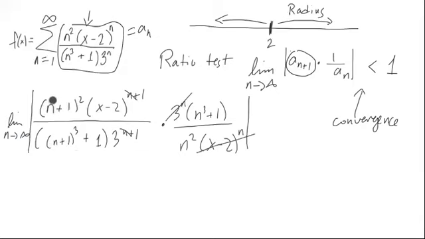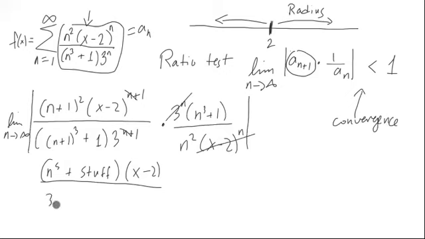The leading term is going to end up being n squared times n cubed, so n to the 5th on the top plus some things, multiplied by the x minus 2 that's still there. On the bottom, we're left with a polynomial that looks like n squared and n cubed, so it looks like n to the fifth. In fact, with that 3, it's going to be like 3 n to the fifth plus stuff.